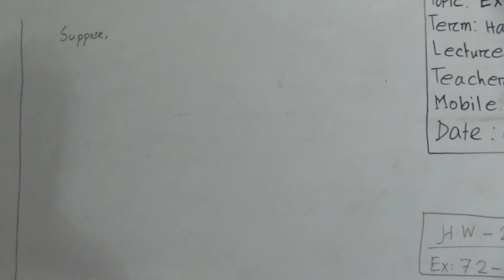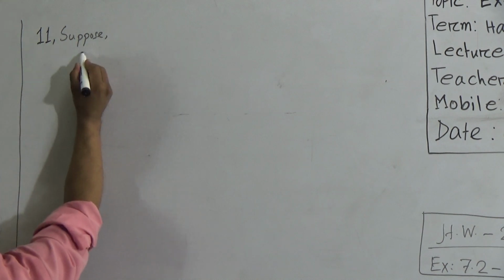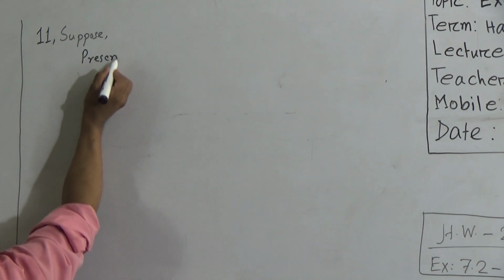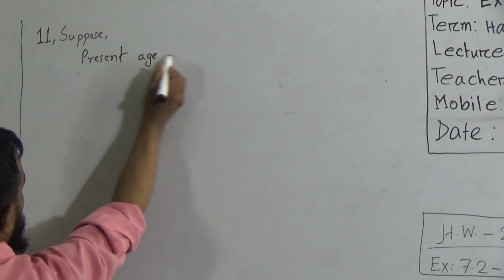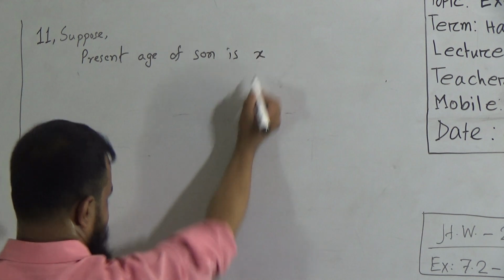Okay, the solution of 11 is: suppose the present age of son is x years.